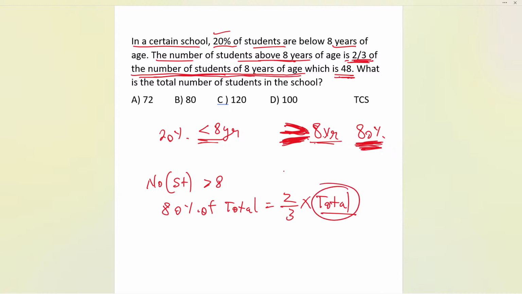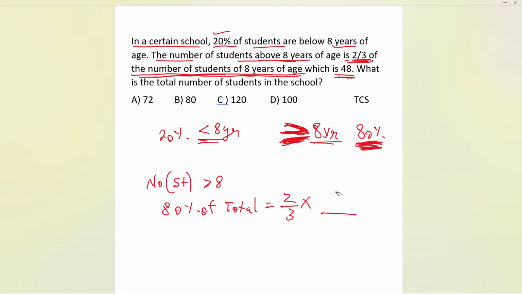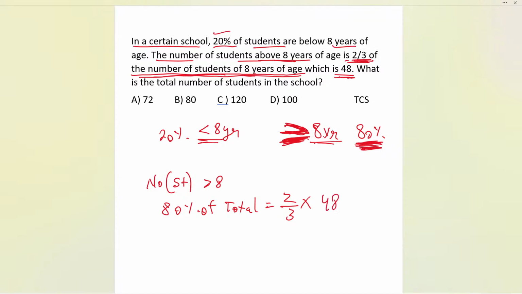So here we have to write 48. Now this part is only for those greater than 8 years. For equals to, we have to add 48 only, because 48 are the students who are 8 years of age. So this is the condition we have.